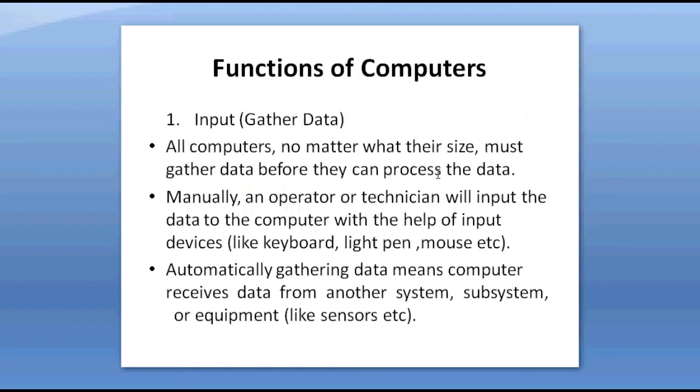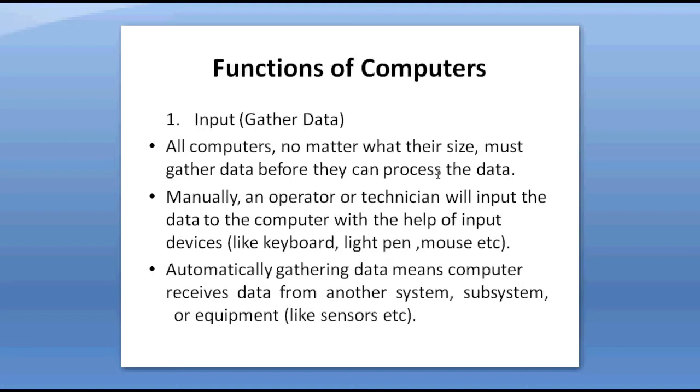First function is input. In order for a computer to perform any function, it needs data. This is typically input through a keyboard or mouse, but there are also other ways of inputting data. For example, data can be fed from a LAN connection, or a computer controlling a chemical process will read data sent to it from sensors in the plant.